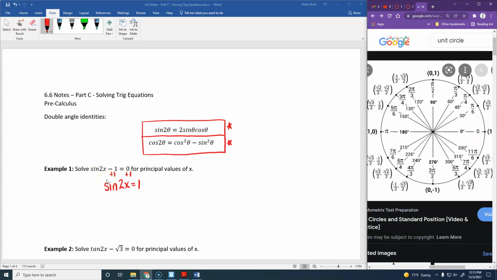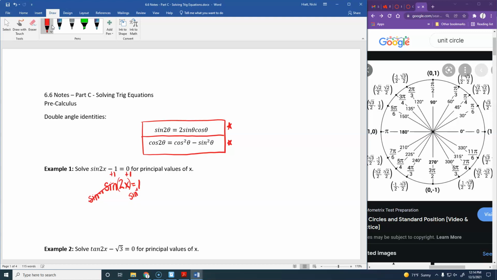What we're going to do here is, instead of sine of x equals 1, I've got sine of 2x equals 1. But it's still sine of something equals 1. So I need to think about, where does sine equal 1? What we're doing is sine inverse of both sides, which gets rid of the sine.